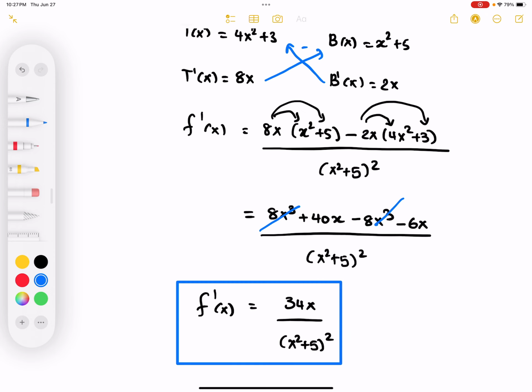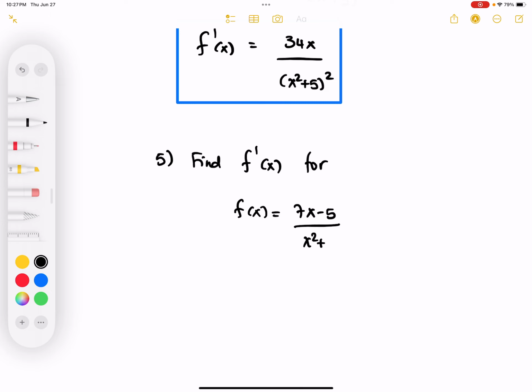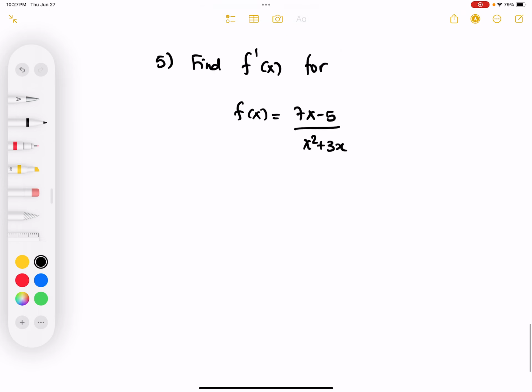All right, let me add one more example. This is number 5, I think. Find f derivative at x for f of x is 7x minus 5 divided by x squared plus 3x. So the procedure is the same.